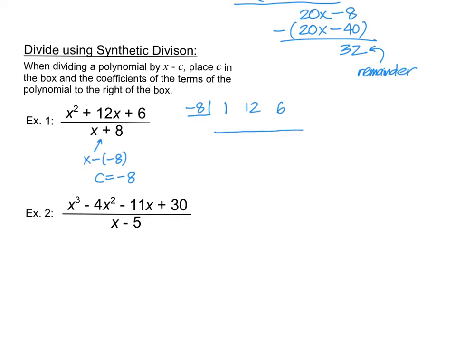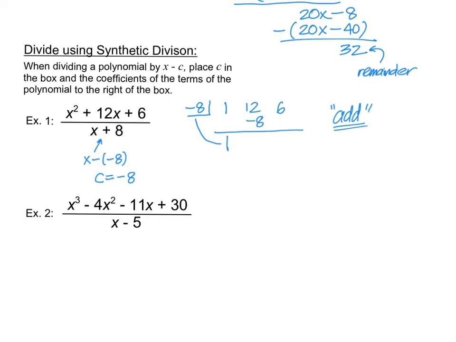All right, first step, you drop the 1 to over here. Then you do 1 times the negative 8, which is negative 8, and you write the negative 8 right over here. Then you add going down.